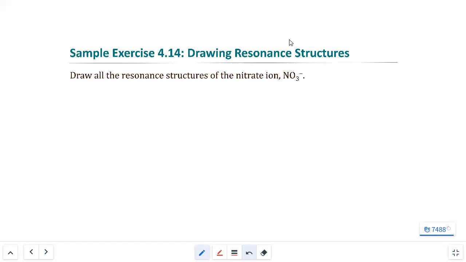So let's do a practice with these resonance structures. Let's look at nitrate ion. With the nitrate ion, I have 5 from the nitrogen, 6 from each oxygen, and this -1 charge means I have 1 extra electron.